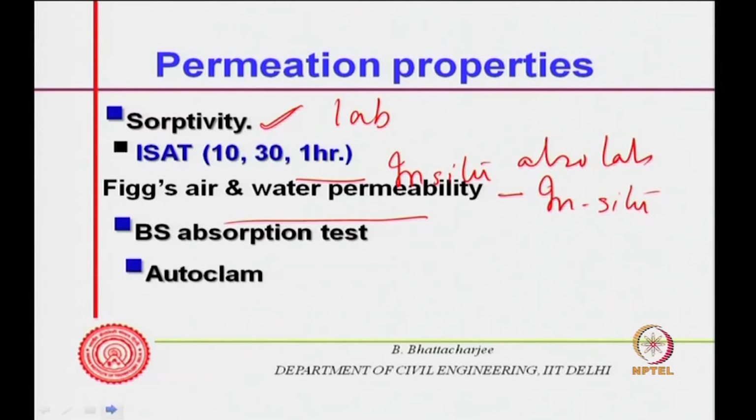Now, this all gives us what are called permeation properties, Autoclam, and there are many more. A series of them have been developed at different places, like this one in Belfast, this is the BS absorption test, this is also a BS test, and sorptivity was originally by Hall, etc.